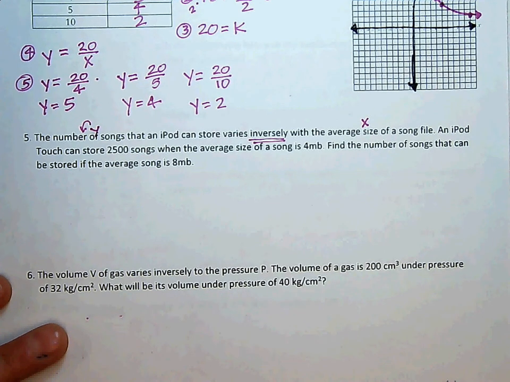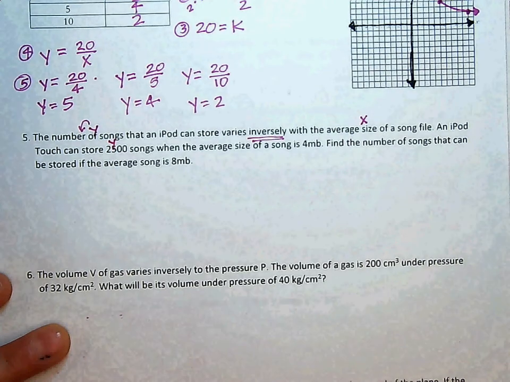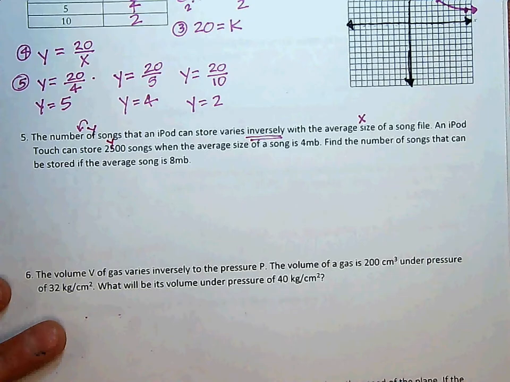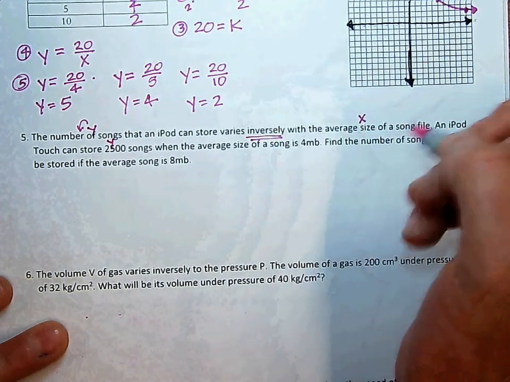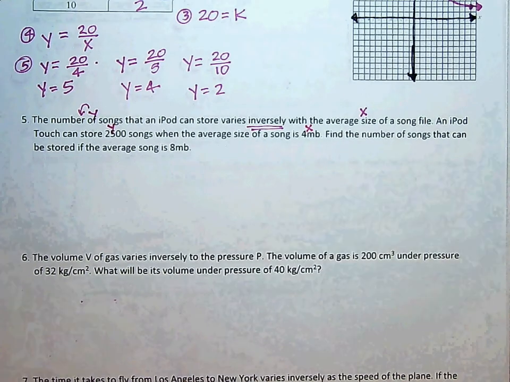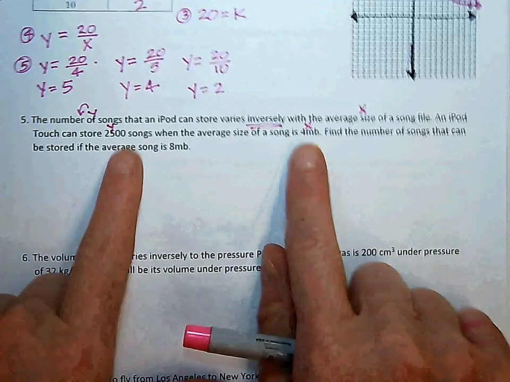Y. It can store 2,500 songs. That's my Y, so let's write a Y there. When the average size of a song is 4 megabytes, that's my X. Let's write an X above that. That way, when we pull information to plug into our equation, we know exactly where to go to get it, right?